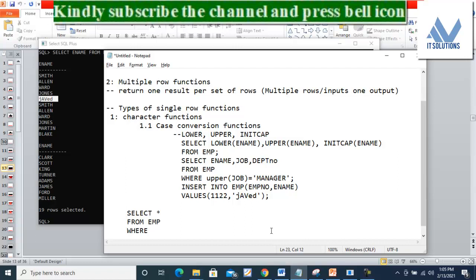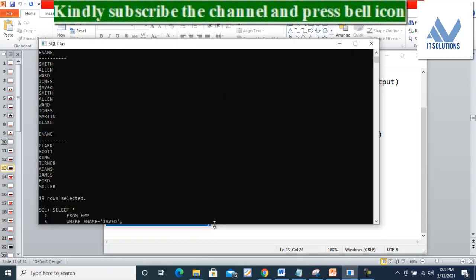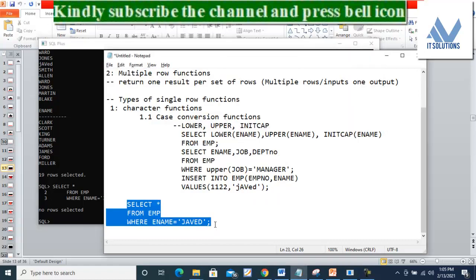where ename equals what? Javed. First I use upper case. So let's see, no row selected, but actually I have it. So actually we have three possible cases. The first one is upper case, while the second one is lower case Javed.